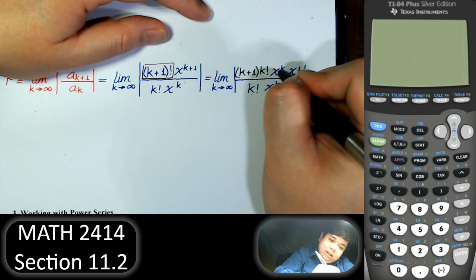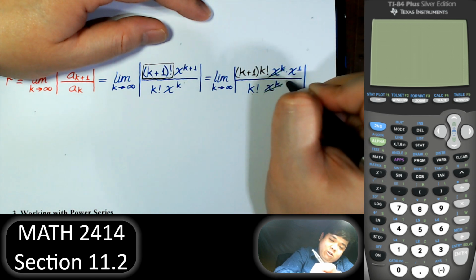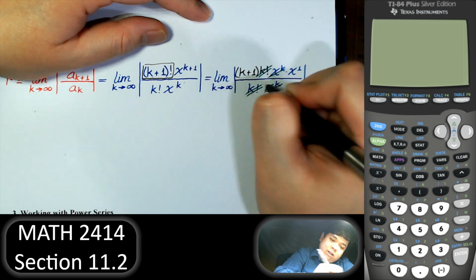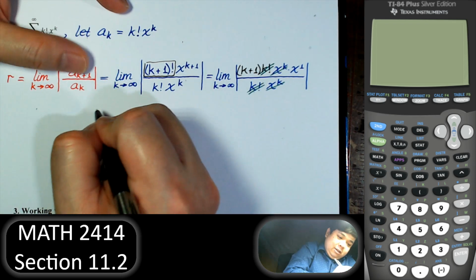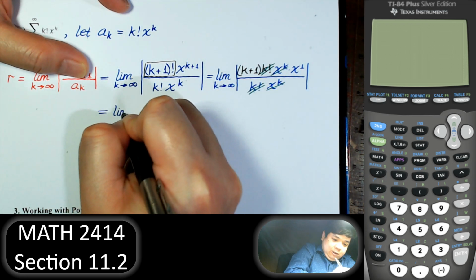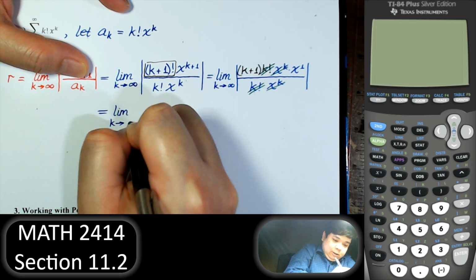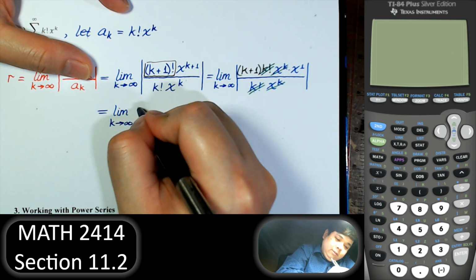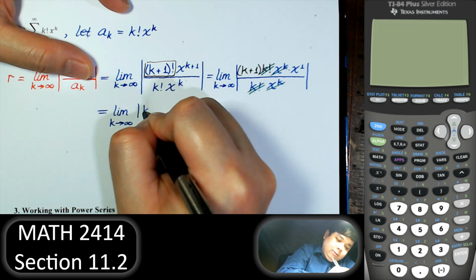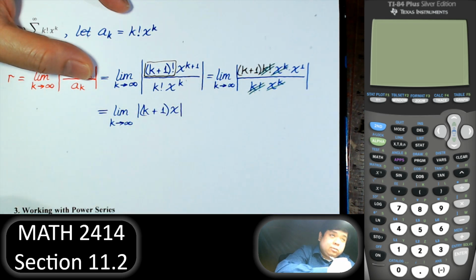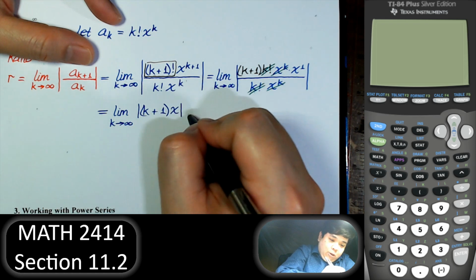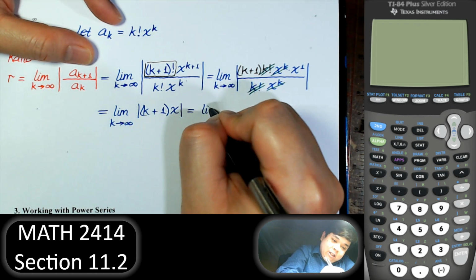The x to the k cancels out, k factorial cancels out. We end up with k plus 1 times x. Of course, we only need the absolute value of x.